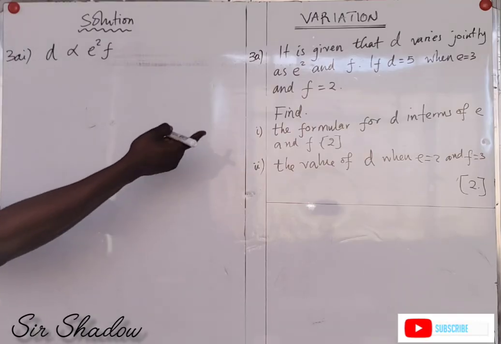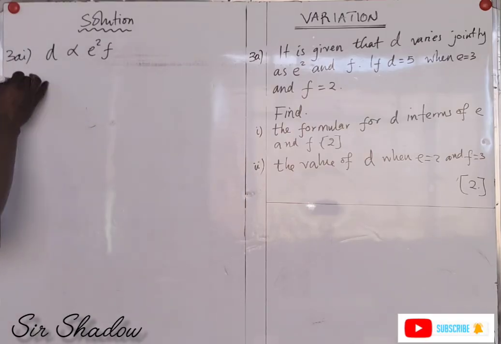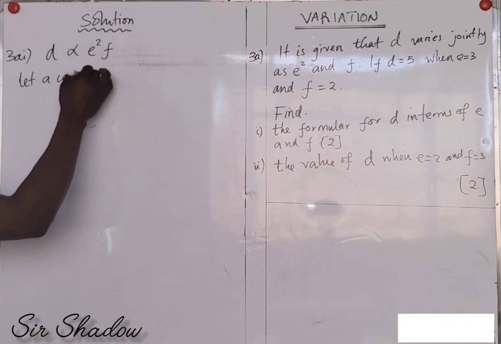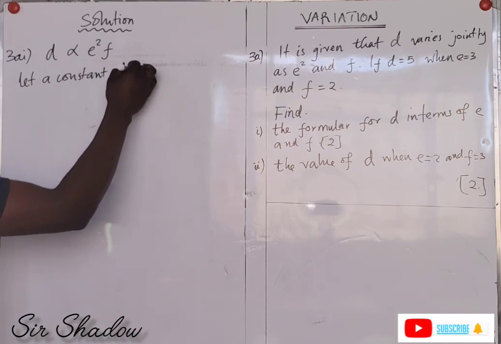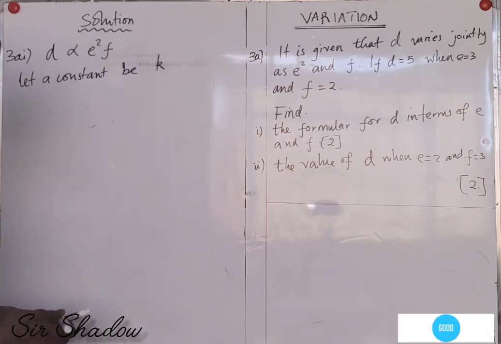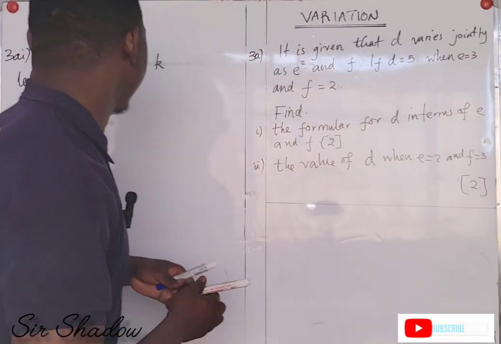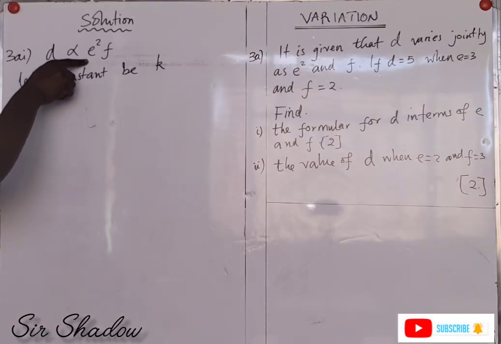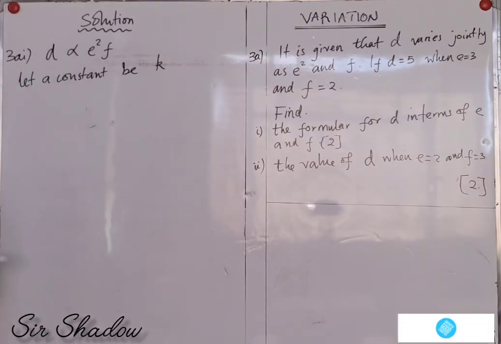You can introduce the constant on your own. Let the constant be K. So we eliminate the variation sign and introduce a constant.